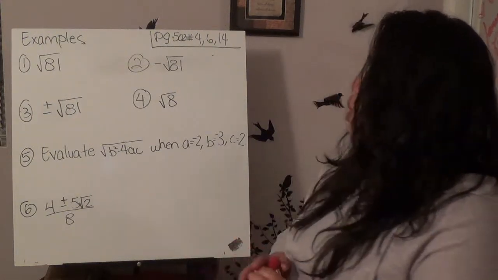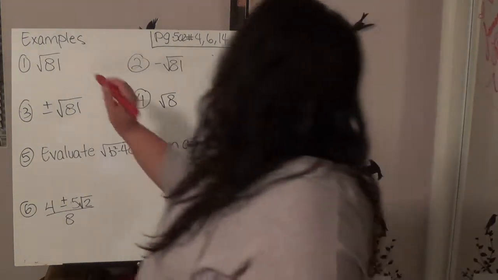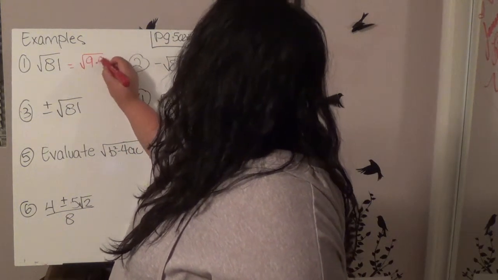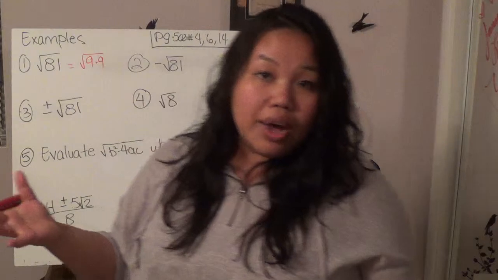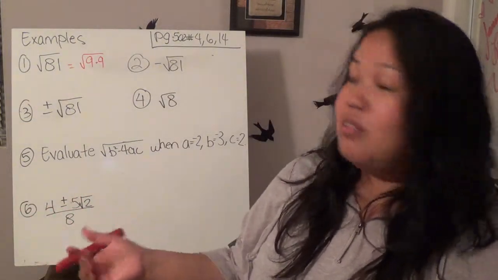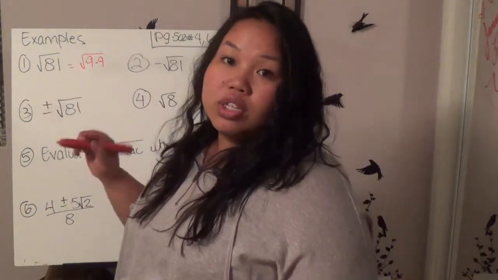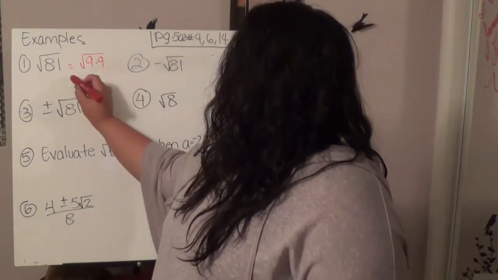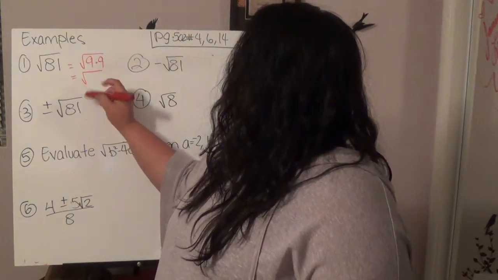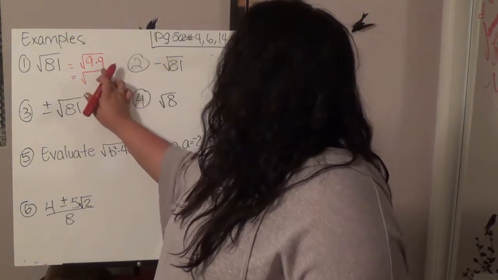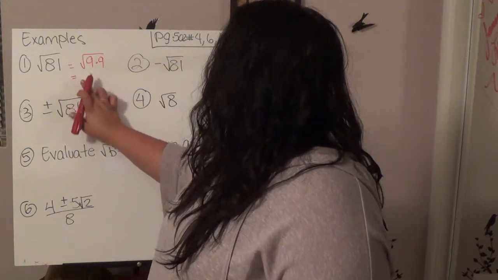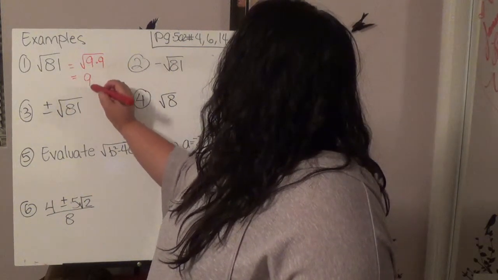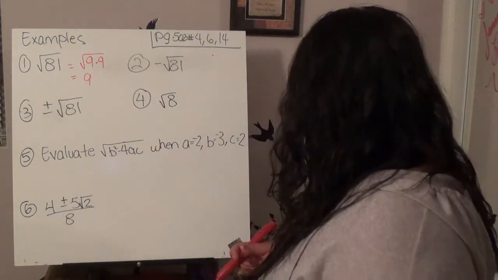For example, the square root of 81 is the same thing as saying the square root of 9 times 9. But it'd also be the square root of negative 9 times negative 9. But because there's no negative sign and it's just the positive square root of 81, I'm going to state that 9 times 9 means positive 9 is my answer.